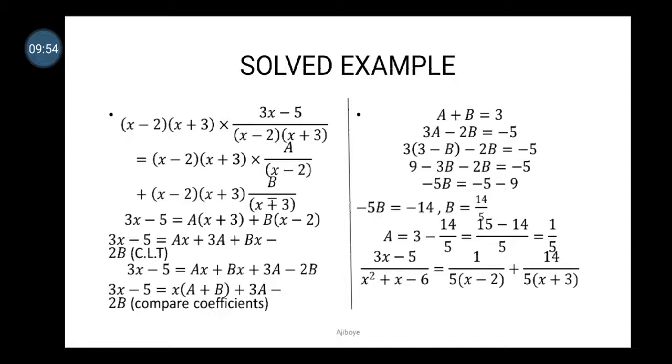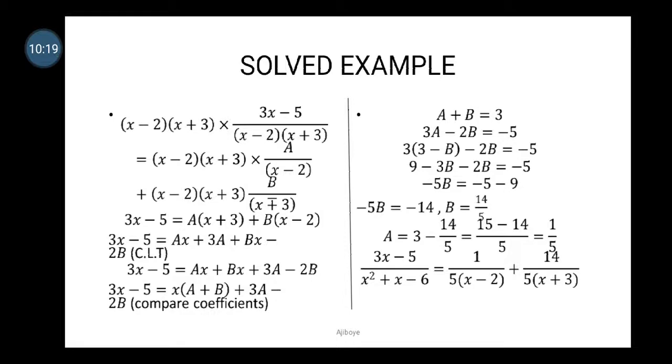So therefore, we would have 3x minus 5 is equal to A open bracket x plus 3 close bracket plus B open bracket x minus 2 close bracket. If you open the bracket, we have 3x minus 5 equals ax plus 3a plus bx minus 2b. Then we collect like terms.